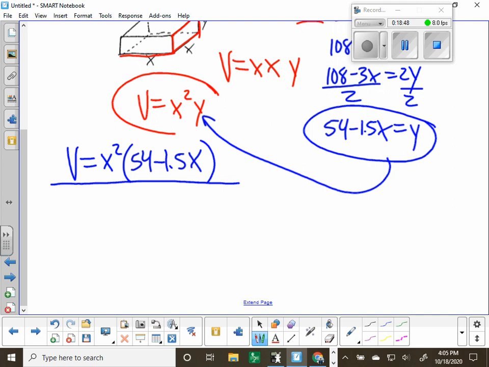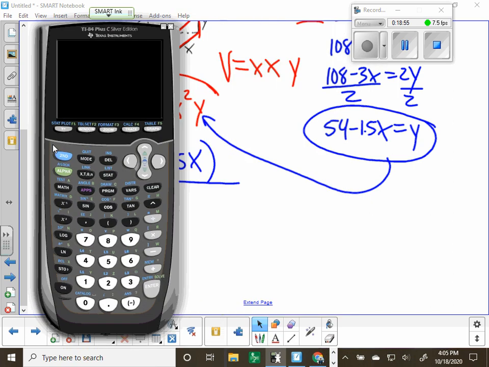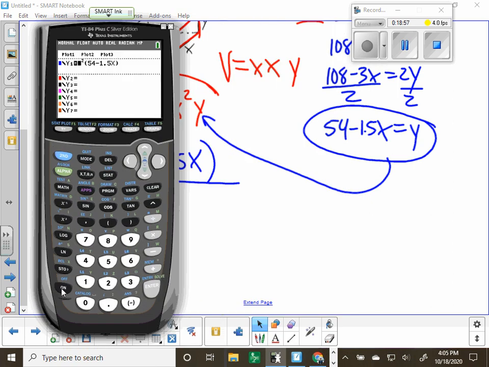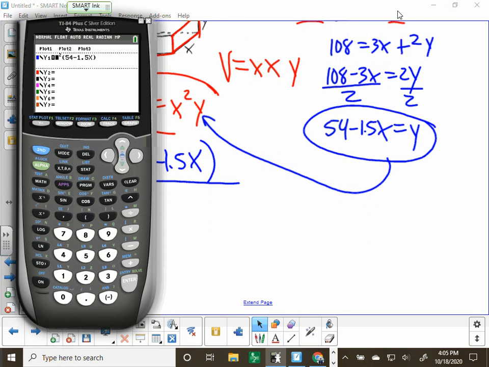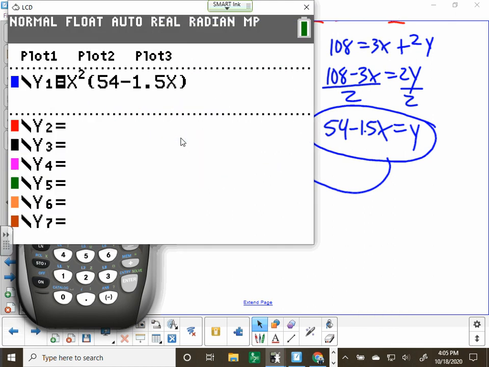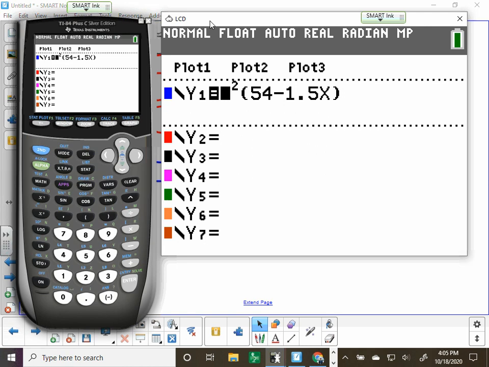So I'm going to go to the graphing calculator. I've kind of preloaded some of this stuff. So here's the graphing calculator, and I'm going to turn it on. And I'm going to bring up the other screen so you can see it better. And view, detach LCD. All right, so I've typed the equation in, and I've already changed the window.